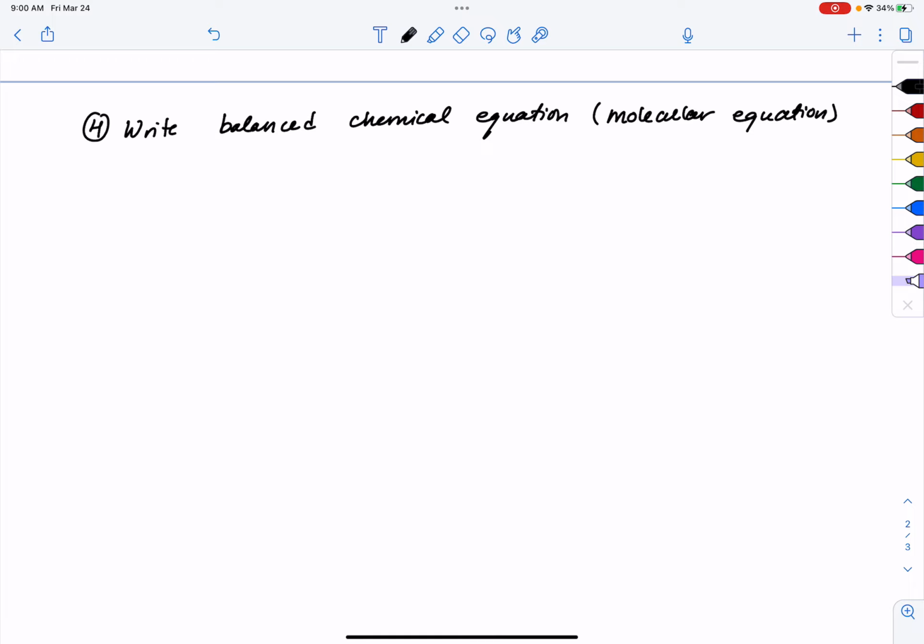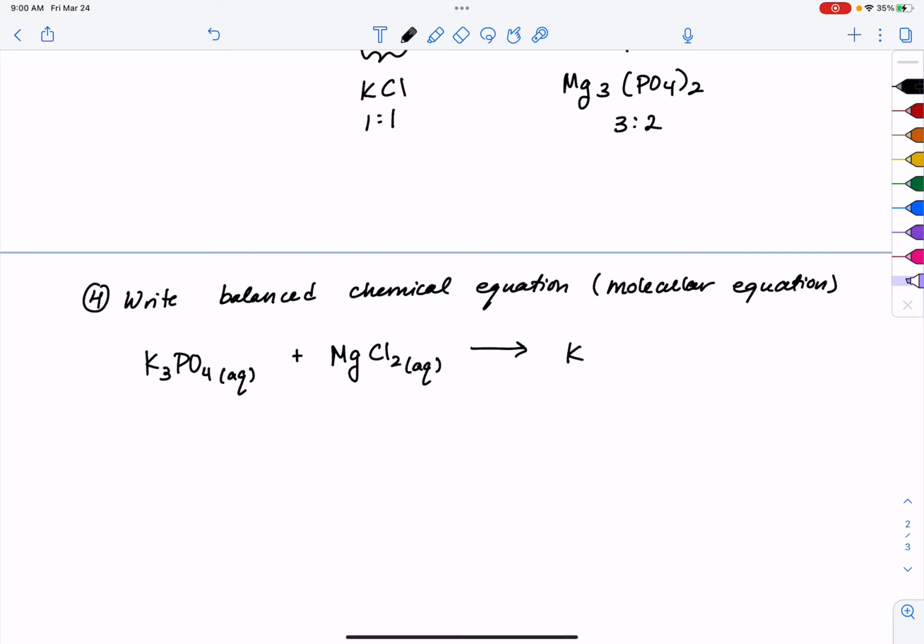So we had potassium phosphate, K3PO4 solution, reacting with magnesium chloride solution to form potassium chloride, that is what we identified above, and we don't know the phase of this yet.